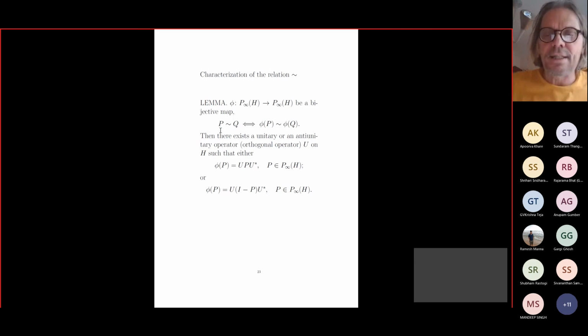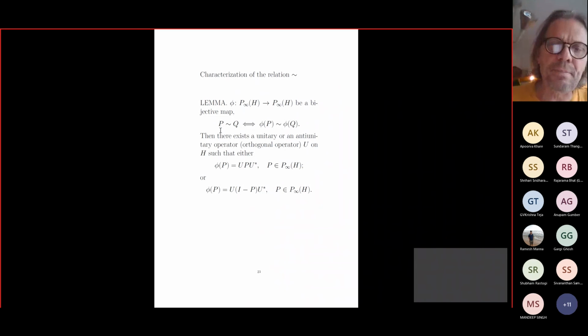So we have two possibilities. You have two projections that are orthogonal. You map them with phi. What will happen? The images will be orthogonal, or the orthogonal complements of the images will be orthogonal. And then what you do? You just prove, and that's not very difficult, that either you are in the first possibility all the time, or you are in the second possibility all the time. If you are in the second possibility all the time, you compose your map with the orthogonal complement, and you are in the first possibility all the time.